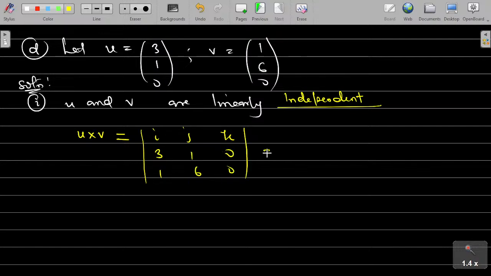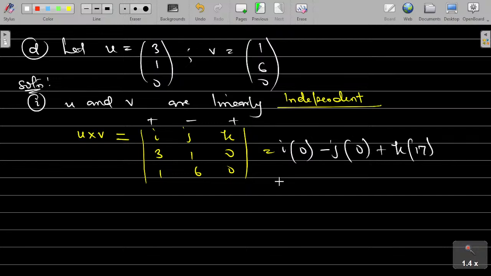So that means we are going to have I, remember, plus minus plus, so I is going to be 0 minus 0, which is 0, and then minus J is going to be, you cross here, 0 minus 0 also, which is 0, plus K, you cross here, which is 18 minus 1, and that is 17.